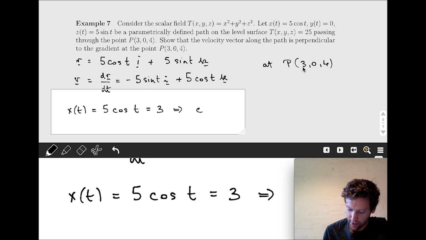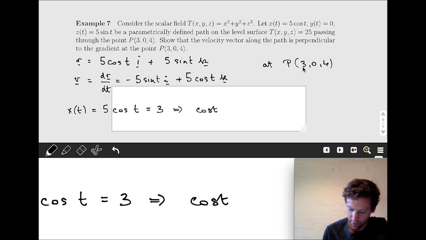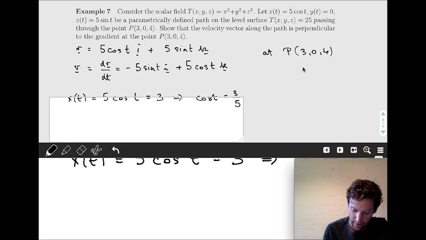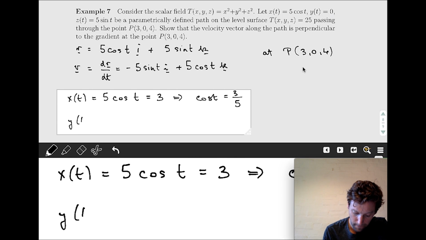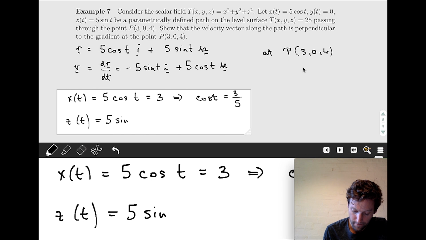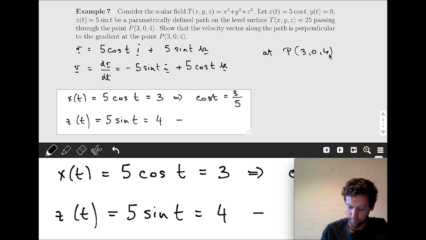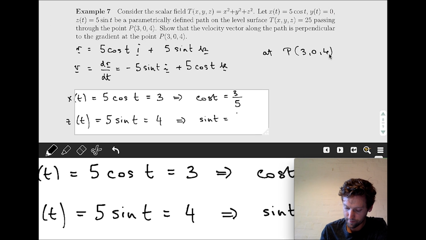So in other words, I get cosine of t is equal to 3/5. I also have that z of t is equal to 5 sine t, which is equal to the z component 4. So that gives me that the sine of t is equal to 4/5. Notice that I always have that the position vector in the y direction is equal to 0. So that doesn't tell me anything new.